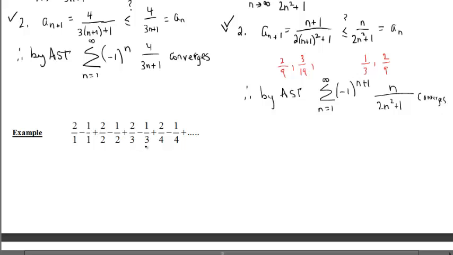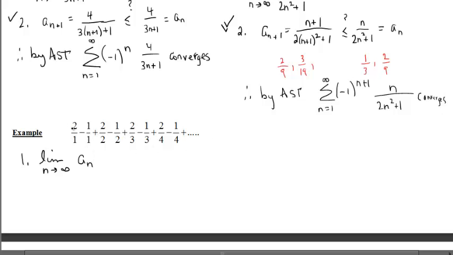So let's see if this series converges by the AST. So condition 1. Limit as n approaches infinity. And we don't have an expression for the nth term here. So we don't have a specific nth term. So I'm just going to put a sub n to represent that term out here.